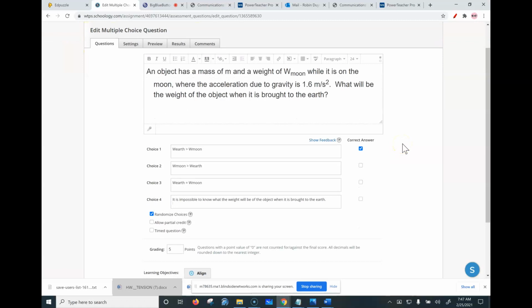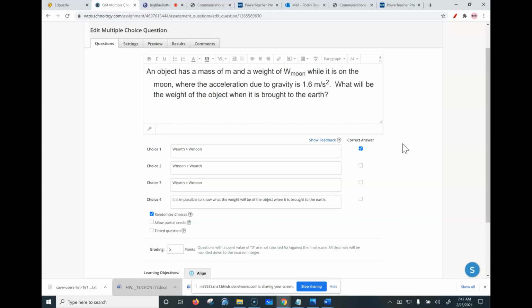Alrighty, so an object with a mass of m and a weight on the moon, while it is on the moon, where the acceleration due to gravity is 1.6 meters per second squared. What will the weight of the object be when it is brought to Earth? Will it be greater than, less than? What's true?